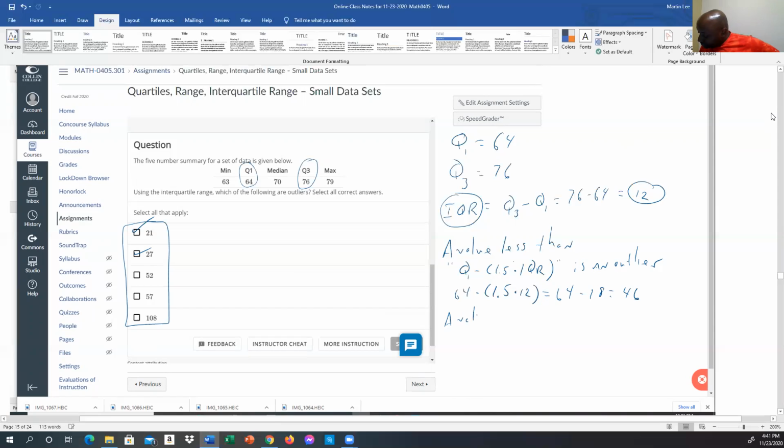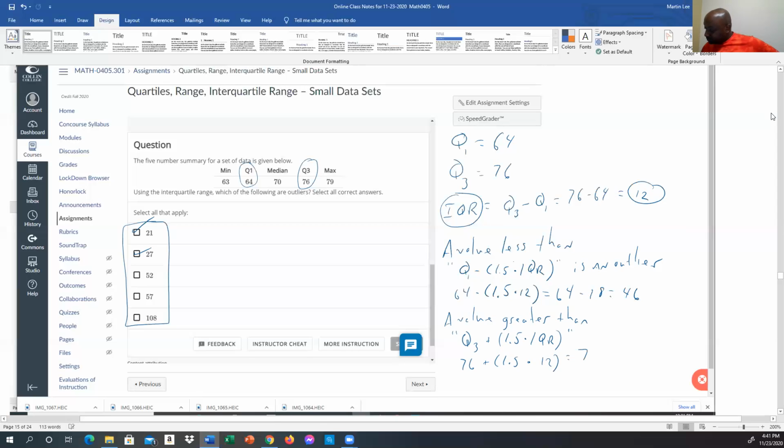And now a value that's greater than Q3 plus 1.5 times IQR. Substitute the values in that we know. We know that Q3 is equal to 76 plus 1.5 times IQR, which is 12.